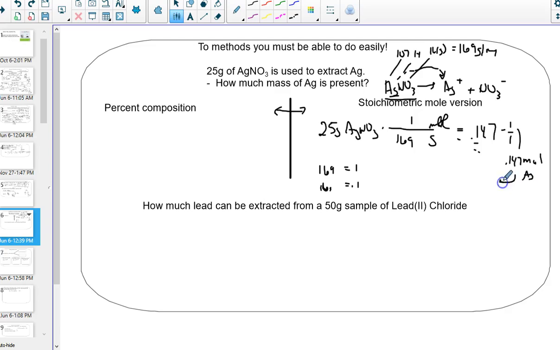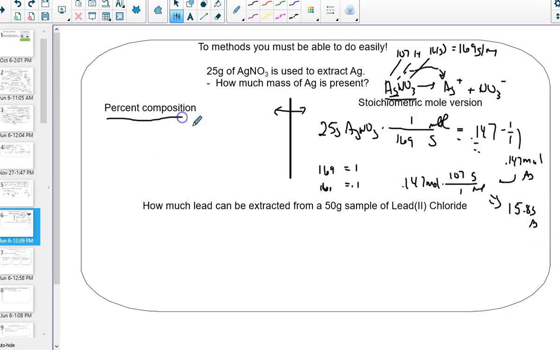And then next I convert this back to grams. 0.147 moles, and we'll get rid of moles, and we'll go to grams. 1 mole of silver is 107 grams, which will give us grams, times 107 is 15.8 grams. 15.8 grams, okay, and that's of silver.